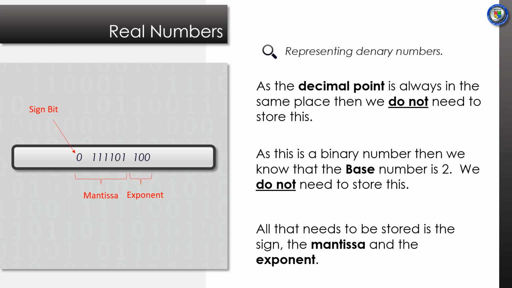Also, as this is a binary number, then we know that the base number is 2. Again, we do not need to store this. All that we need to store is the sign bit, the mantissa, and the exponent.